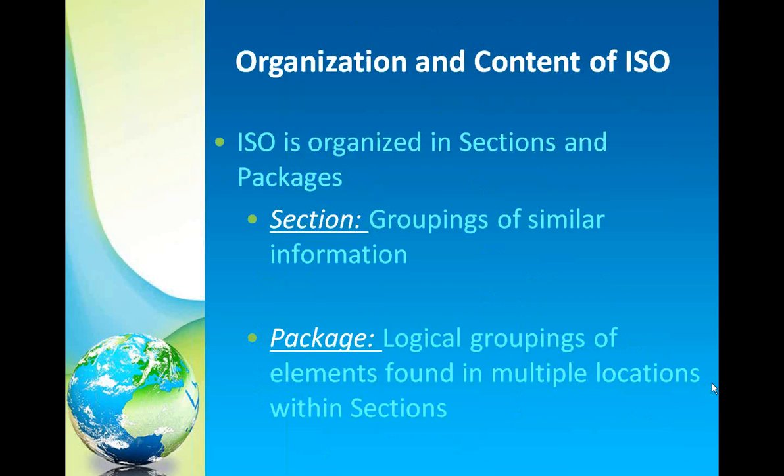All right, if you step back and look at ISO, it's generally broken out into sections and packages. A section is going to be groupings of similar information, where a package is logical groupings of elements found in multiple locations within sections. We'll show how that is here in a minute.